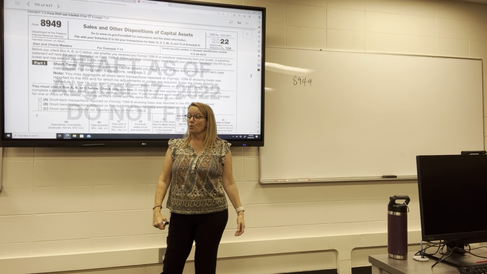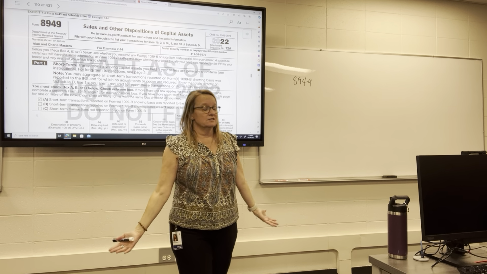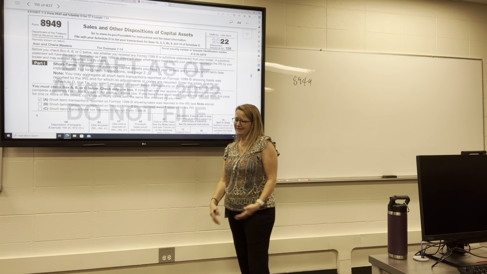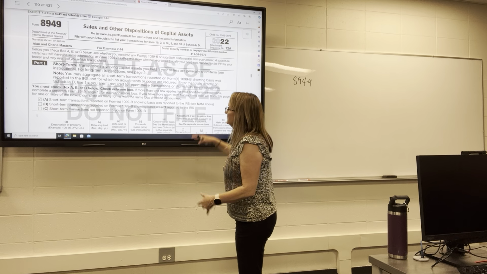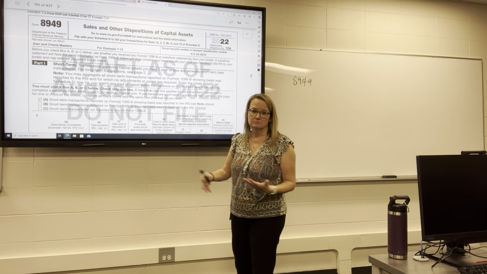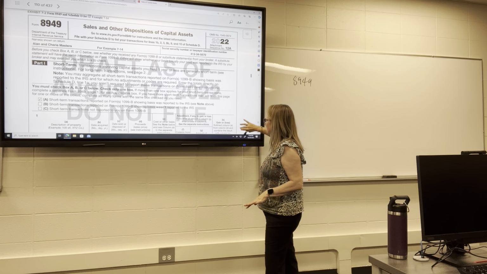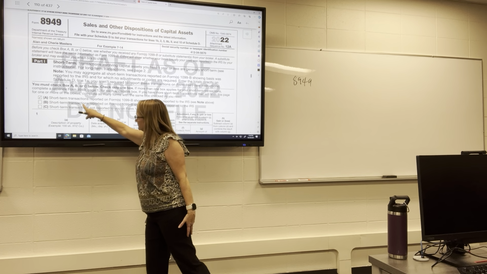So if you buy a piece of land, spend $10,000 on it, and then you sell that land, you're not gonna get a 1099-B when you sell that land, right? You're only gonna get that 1099-B when it's a publicly traded type company. Sometimes you'll get one, but usually no. So we've got three choices.